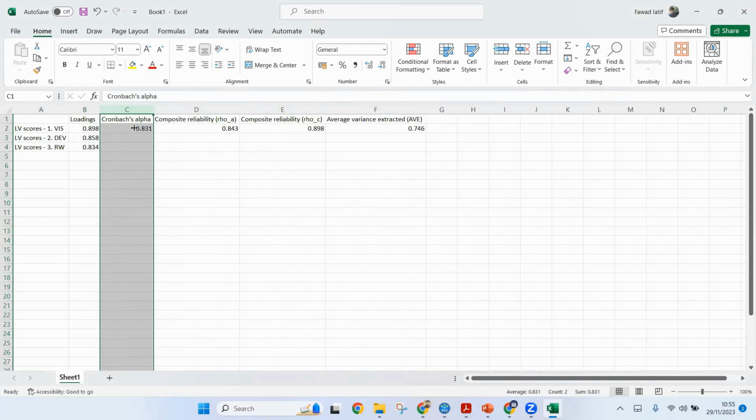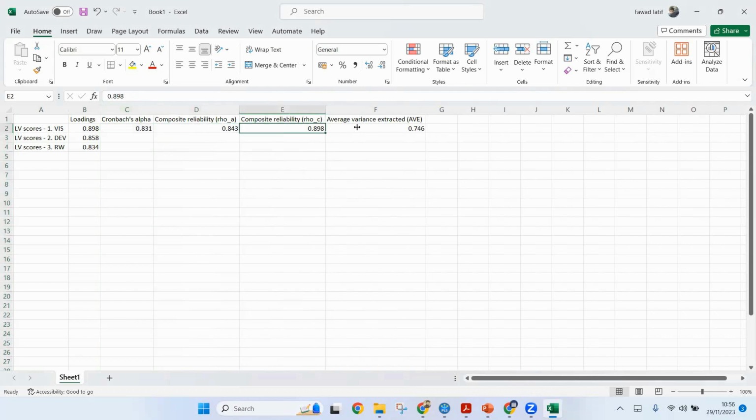So this is the alpha for the higher order construct. This is the composite reliability for the higher order construct. And this is the AVE for the higher order construct of IM. And are they within the acceptable limit? Yes, they are within the acceptable limit, or rather over the minimum threshold.